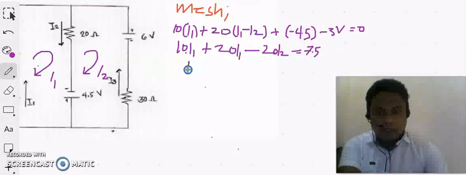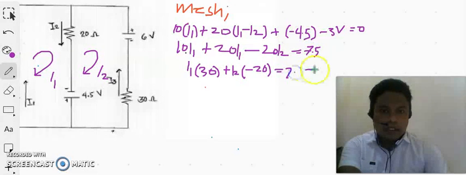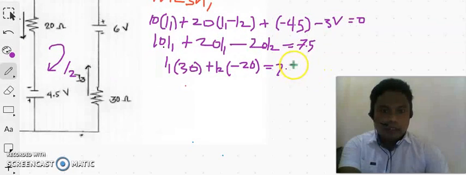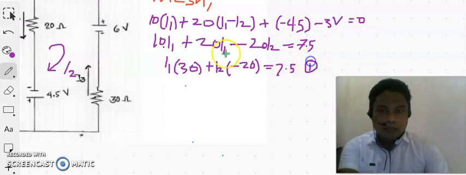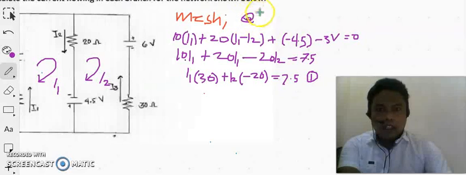For I1, this is 30, plus I2 we have negative 20, is equal to 7.5. This will be our equation number 1 at loop 1.